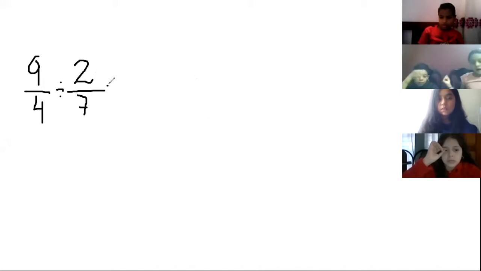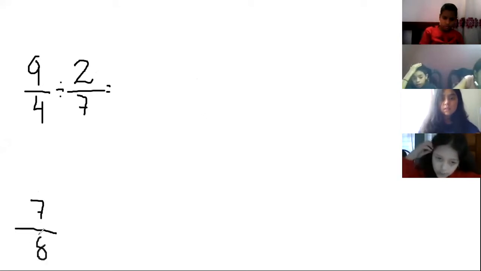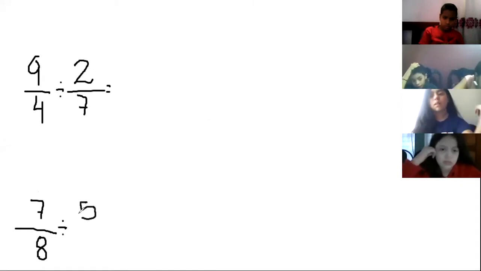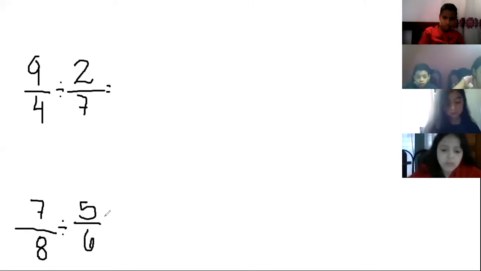This is one. And the second one is 7/8 divided by 5/6. Remember, if you can simplify, simplify.